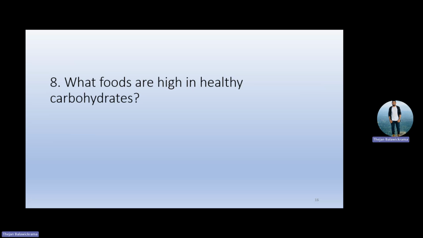Where do you get carbohydrates? What foods are high in healthy carbohydrates? That is easy.